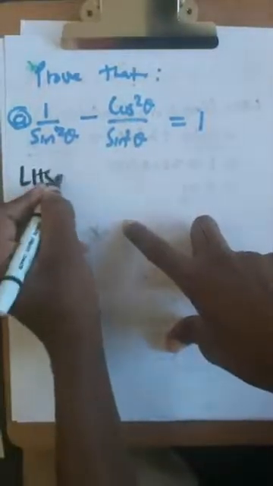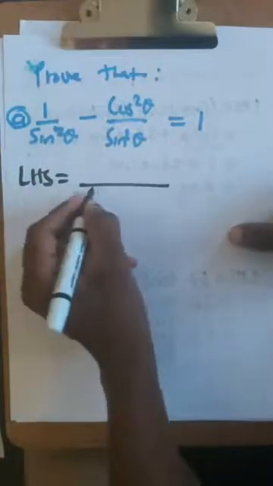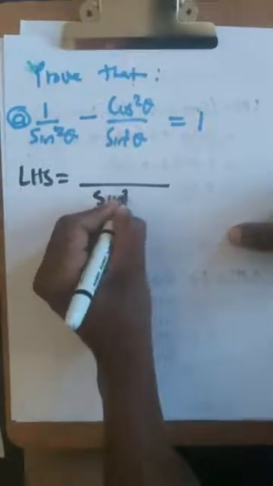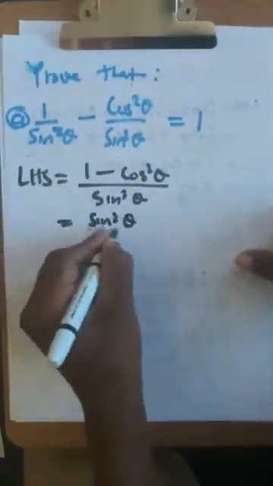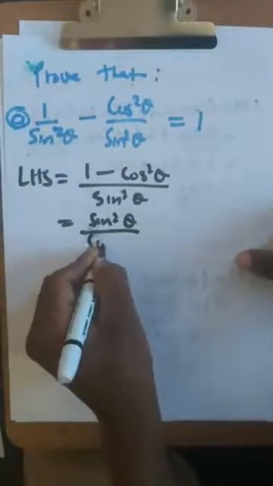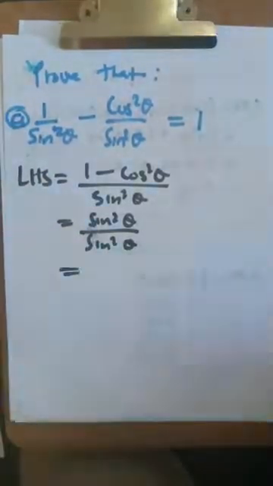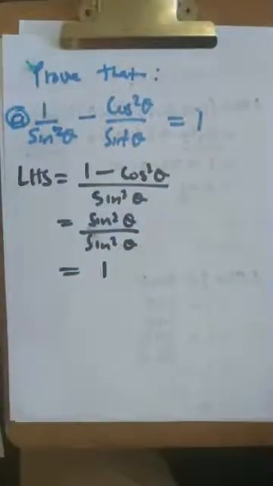So the left hand side is equal to, my LCD here is sine squared, you don't multiply them because they are common, 1 minus cos squared theta. Then you will see 1 minus cos squared theta is basically sine square of theta, divided by sine square of theta. Then what do we have here? We have our answer as 1.